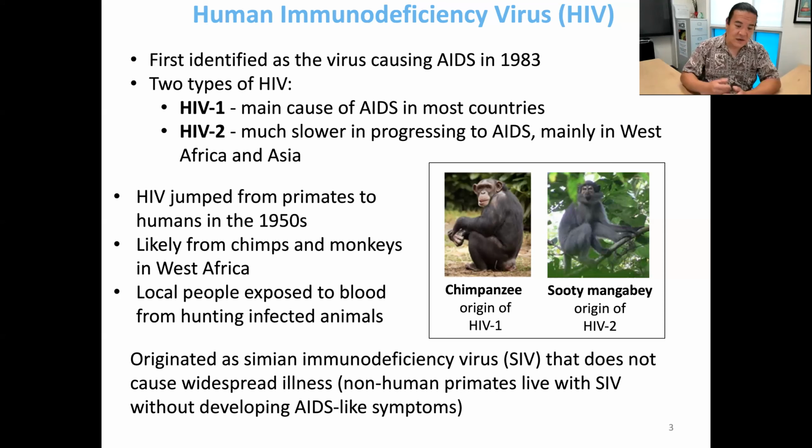So clearly it doesn't kill off chimpanzees readily. Otherwise, the virus might have actually disappeared. But once the virus got into people, it mutated, and it became what we know as HIV today.